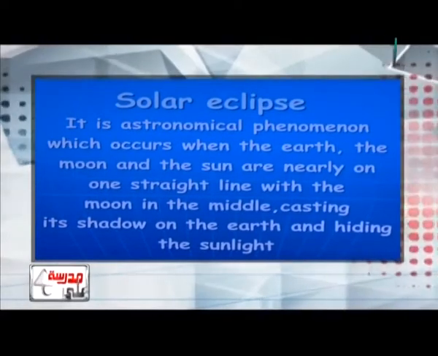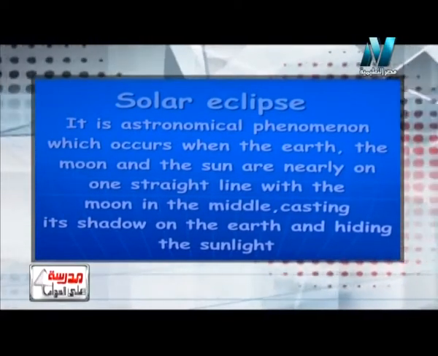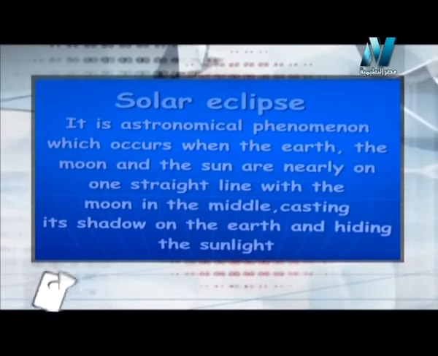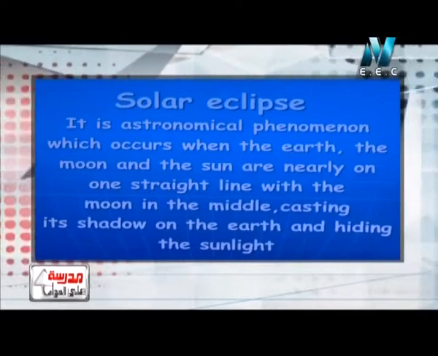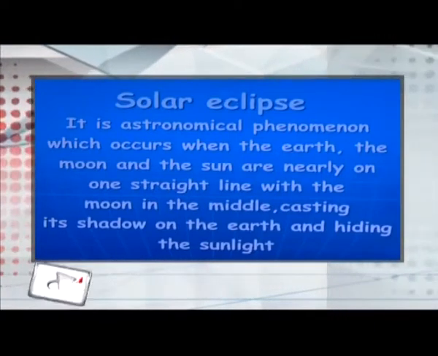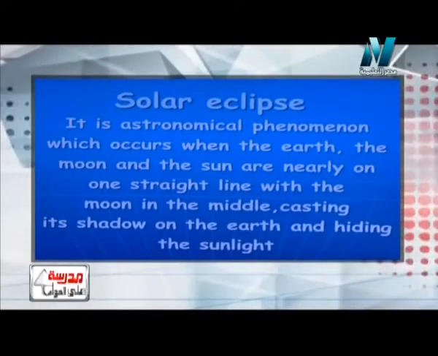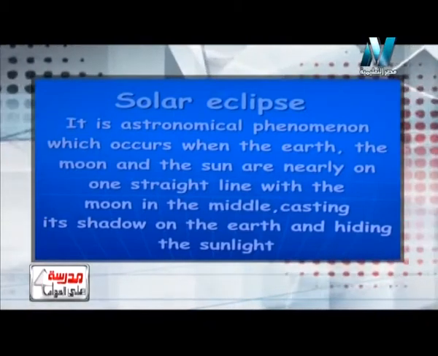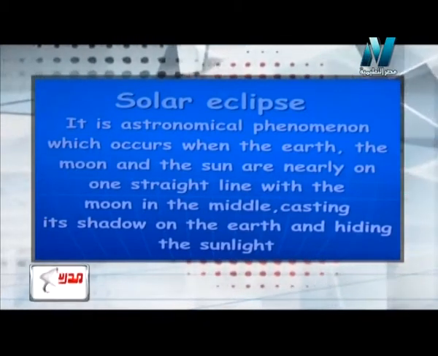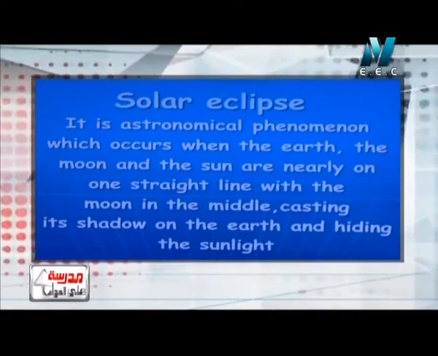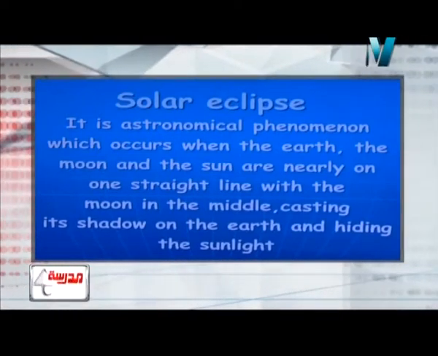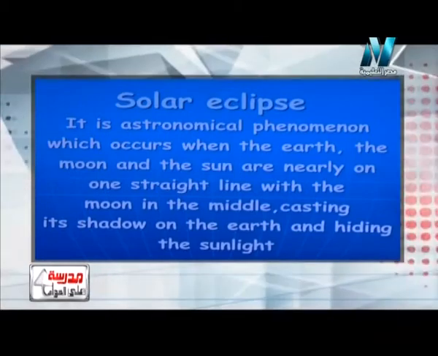It's an astronomical phenomenon which occurs when the earth, the moon, the sun are nearly on the same straight line. يبقى أول شرط يكون فيه the sun والearth والmoon on the same straight line. Second condition, الشرط التاني, with the moon in the middle, والمون هو اللي في النص, casting its shadow on the earth and hiding the sunlight from the earth. بيلقي بظلاله أو يلقي بظله على الأرض ويحجب ضوء الشمس عن الأرض.